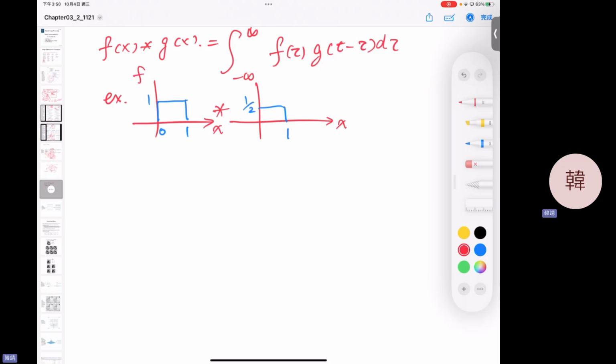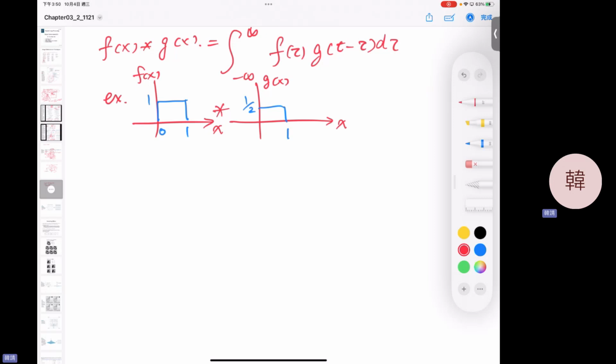So this is our f of x here, and this is our g of x here. We have two signals: one square, and the other with an amplitude of 1/2.